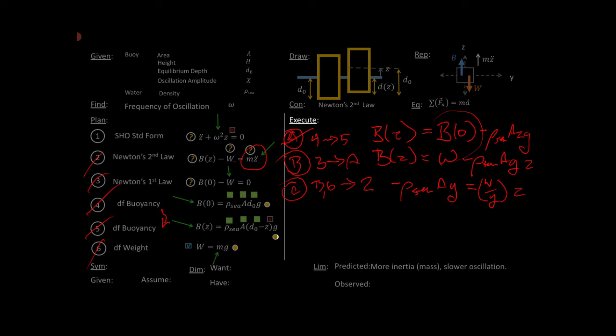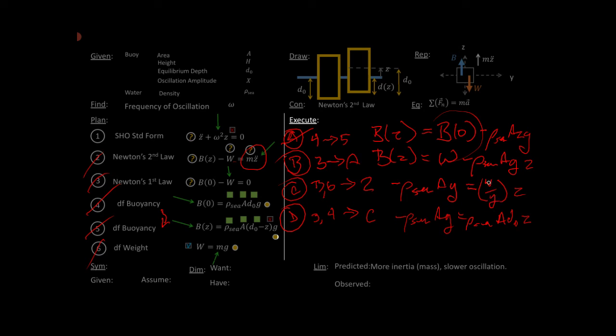Okay, so we're doing all right. We do want to get rid of that weight. And we found that when we use 3 and 4, we get something for the weight. So we go 3, 4, substitute that into C. So we have ρsea is equal to, what's left over? ρsea d0 times G, or Z. There's a G that would have shown up, but it's canceled there.